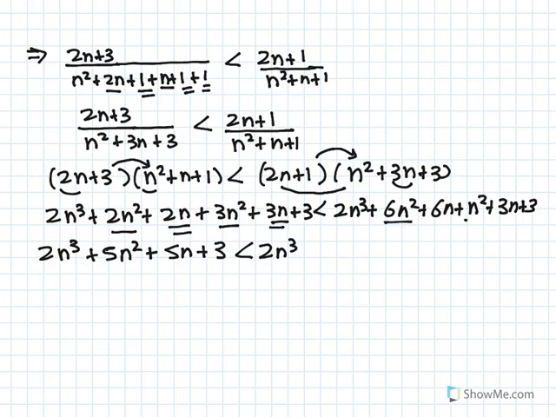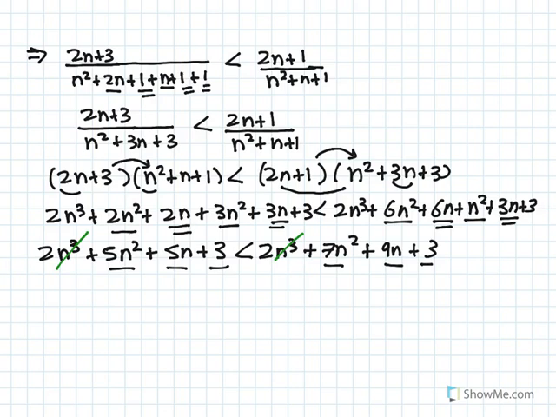So we have 6n squared and n squared, that gives us 7n squared. And we have 6n plus 3n, that gives us 9n plus 3. Now we can just cancel 2n cubed on both sides, basically subtract 2n cubed from both sides. And on the left-hand side, we have 5n squared plus 5n plus 3. And on the right-hand side, we have 7n squared plus 9n plus 3.